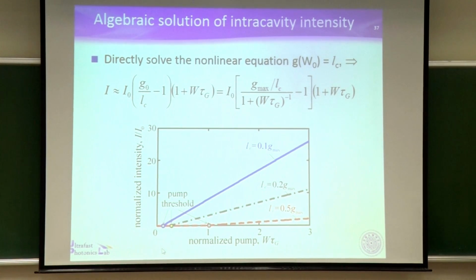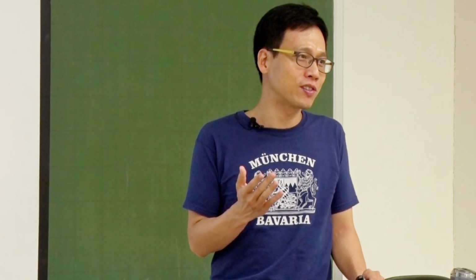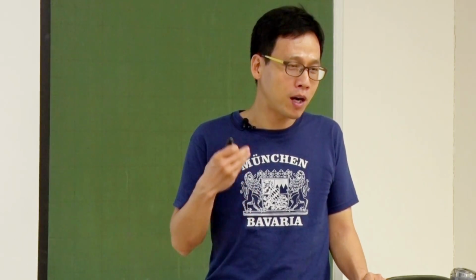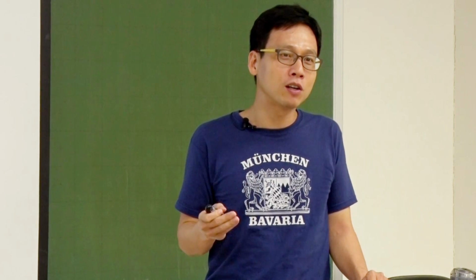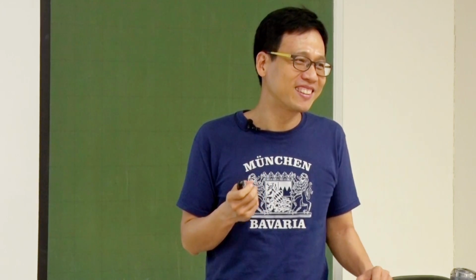You can easily conclude by this simple figure, right? If the cavity loss is bigger, what are the disadvantages? You will suffer. There are two things. First one, you need a higher pump threshold. If your pump is not big enough, you got nothing. You have larger cavity loss, this threshold is larger, which is worse, right?